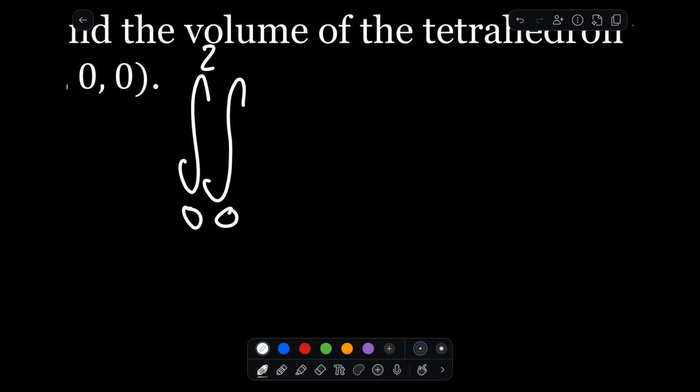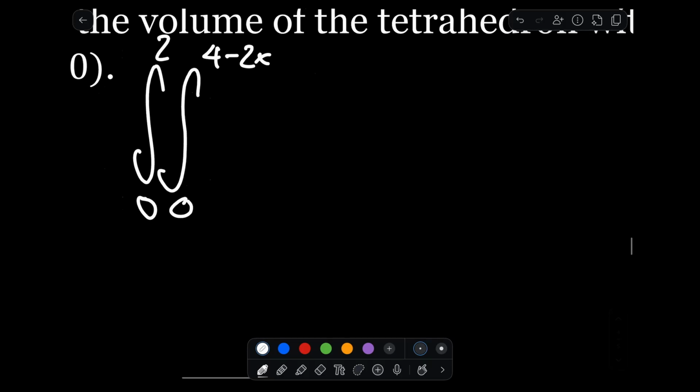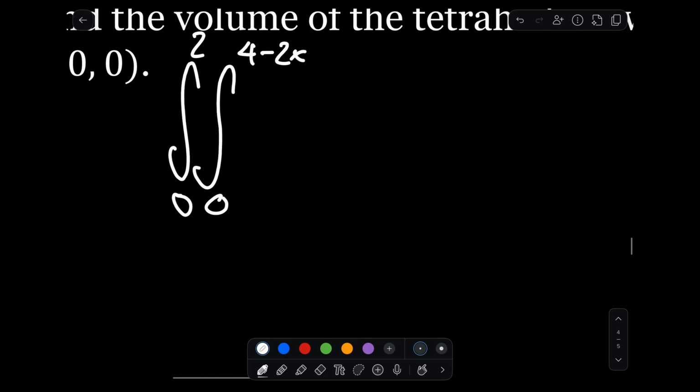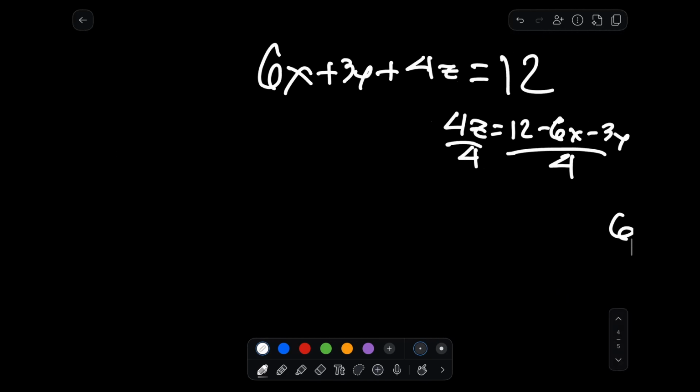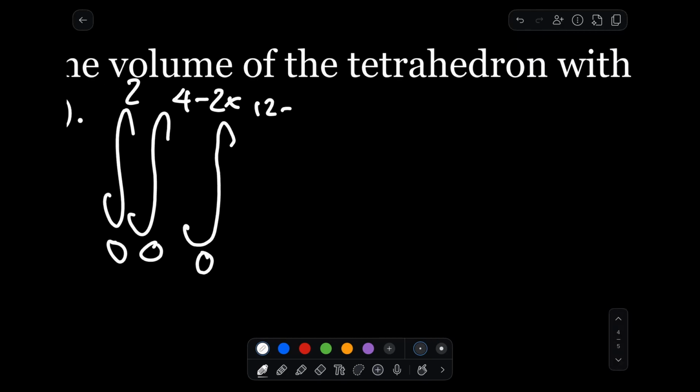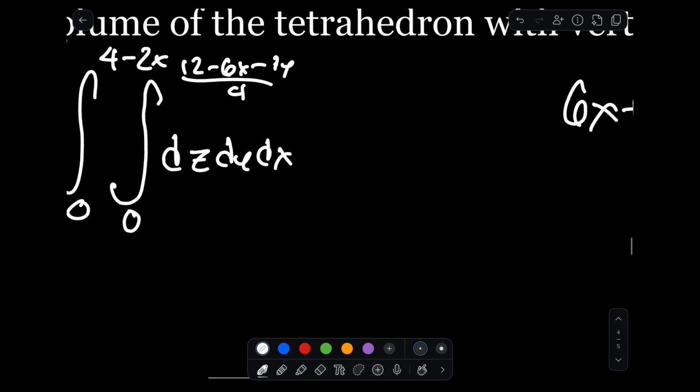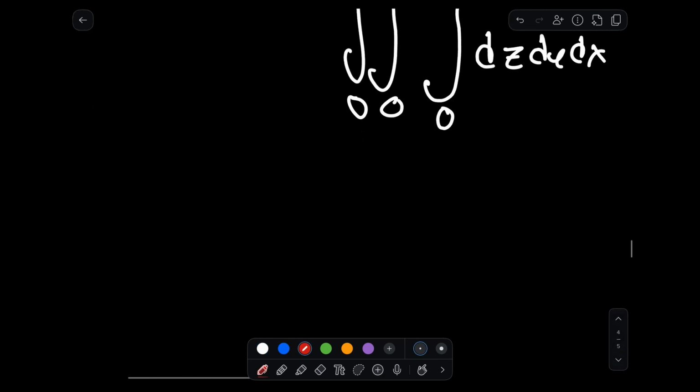So now we can just plug and chug everything in, 0 to 2, and then we have 0 to 4 minus 2x. And then we have our dz just be that whole cluster of an equation: 12 minus 6x minus 3y over 4, dz dy dx. And then we can start our integration process.